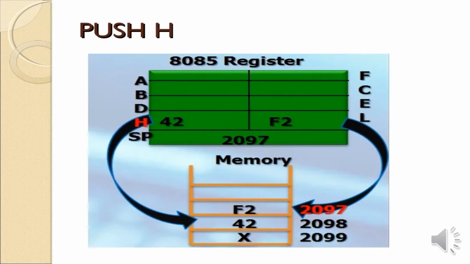Example, PUSH H. The HL register value 42 and F2 is loaded into the stack memory locations 2097 and 2098. In this way the register value is copied into the stack memory location.